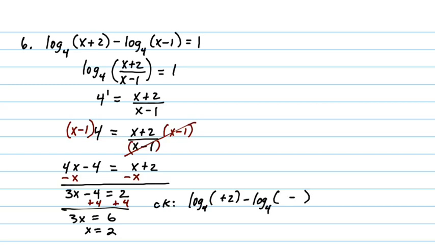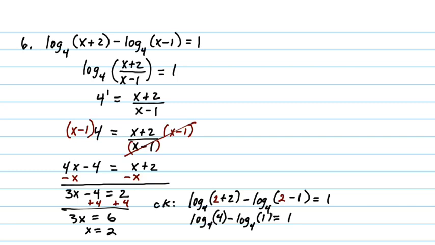If you check it though, which isn't too much trouble, notice I went ahead and plugged in the 2. So this will be the log base 4 of 4 minus the log base 4 of 1. And we want to know if that's equal to 1. Well, for the first log, your base is 4, the answer is 4.